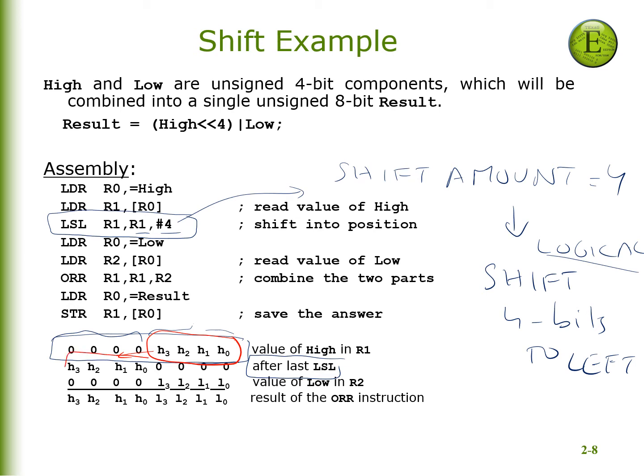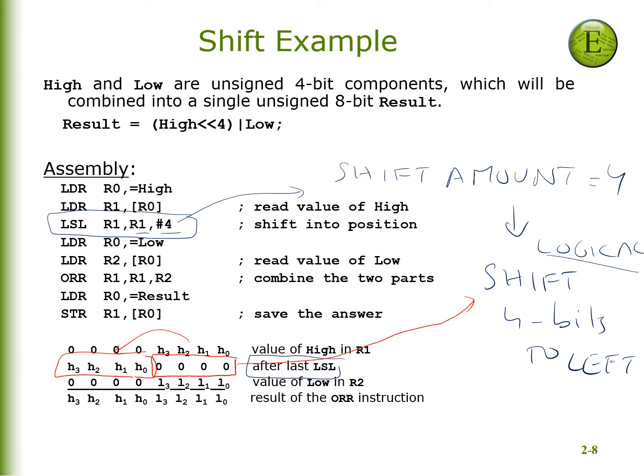These are now going to become the upper 4 bits, and when these bits are shifted left, it automatically creates space for the incoming zeros. So eventually we are going to have 4 least significant bits containing 0. That's a consequence of this logical shift operation. And these, H0 through H3, are shifted left. These are now the upper 4 bits in the byte.